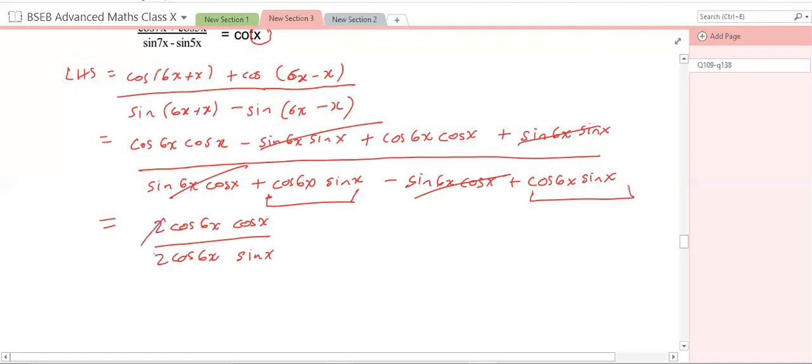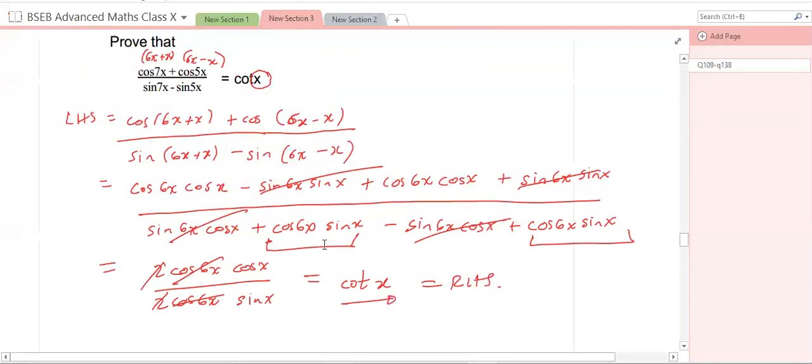The 2's cancel out, the cos 6x cancel out, we have cos over sine, which is cot x, and that's what we needed to prove, which is equal to the right hand side. See above, cos 7x plus cos 5x over sine 7x minus sine 5x is equal to cot x.